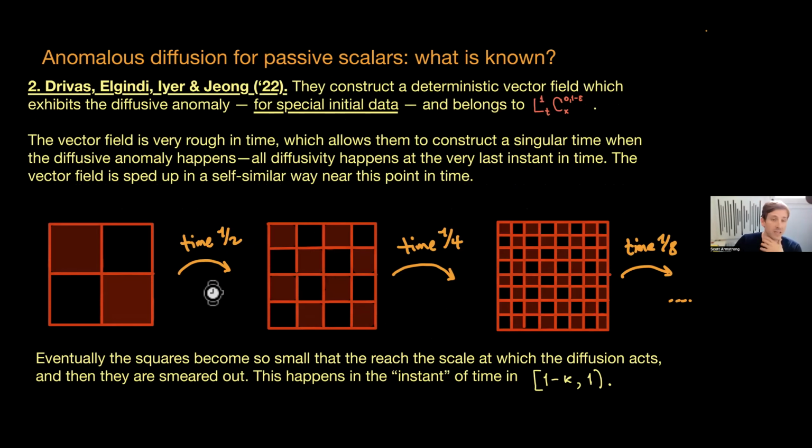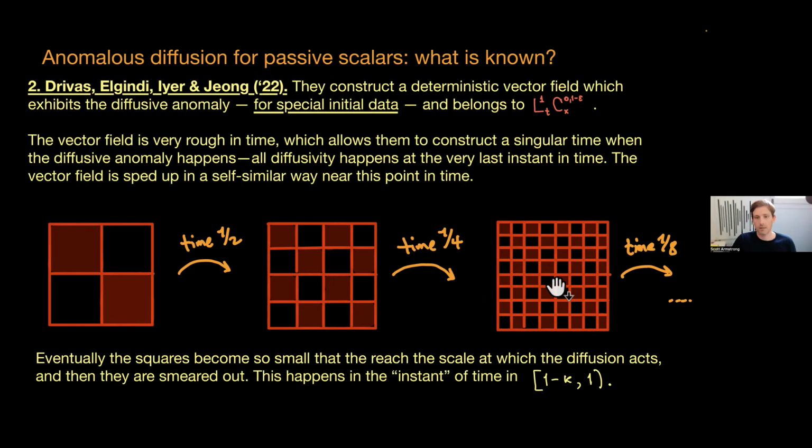Basically, what they do is they find a vector field which, if there would be no diffusion, would take a checkerboard like this in time 1/2, turn it into a checkerboard like this. It just rearranges the checkerboard squares so that this pattern goes to this pattern. Exactly. And then they repeat it, but they scale down the vector field by a factor of 2, and they scale up the amplitude by a factor just less than 2.